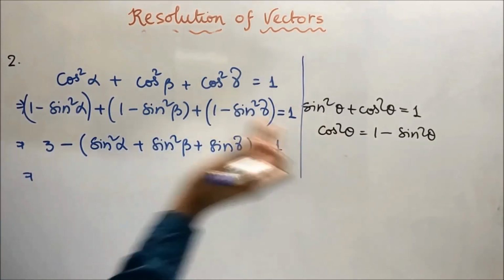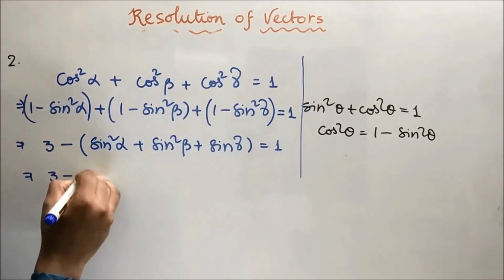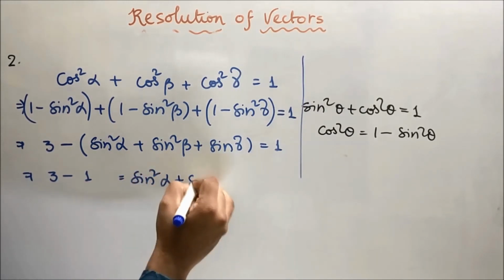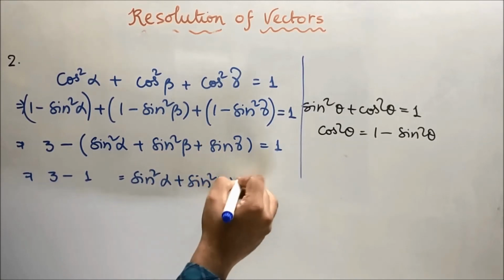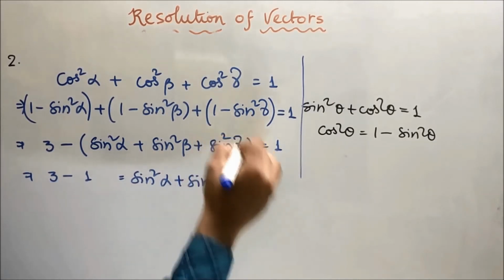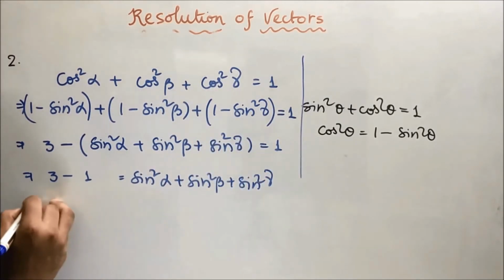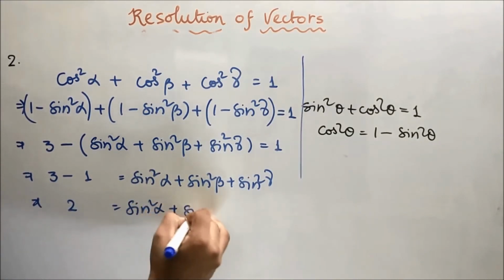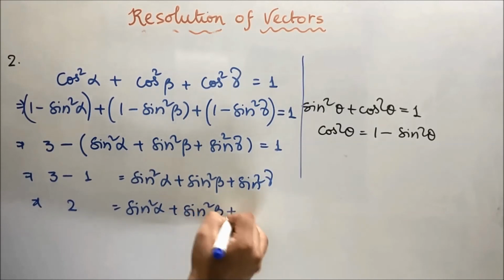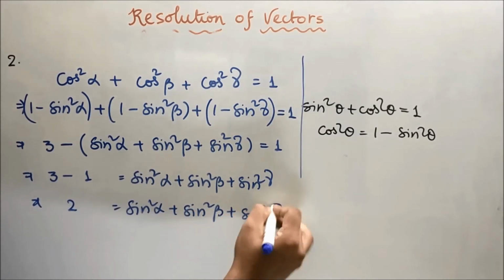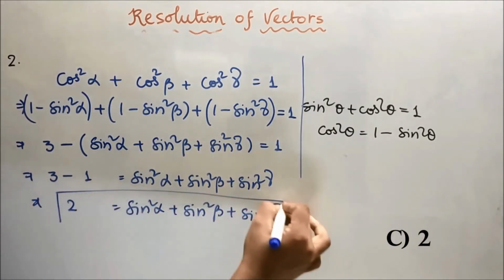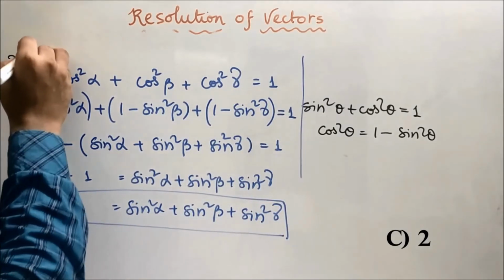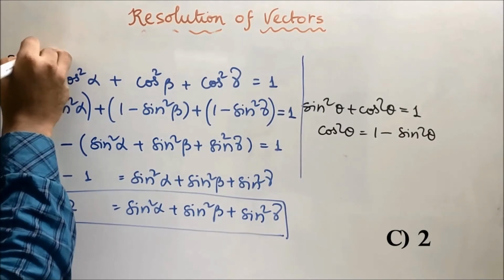Take this to the other side, bring 1 to this side. 3 minus 1 is equal to sine square alpha plus sine square beta plus sine square gamma. So how much is this? 2. So what is the answer? The answer is 2. Option C.